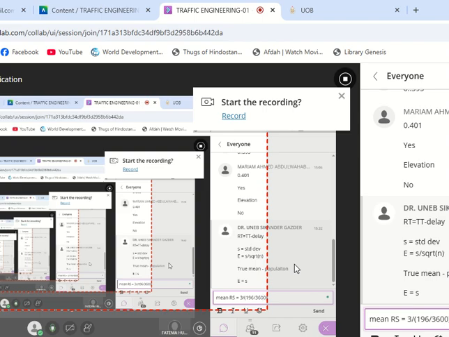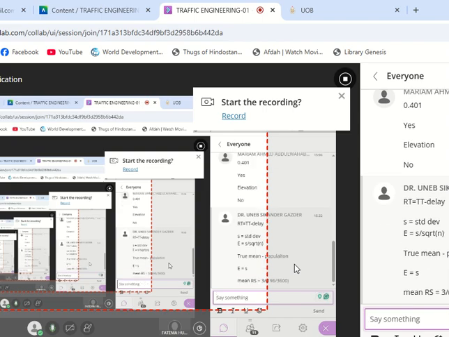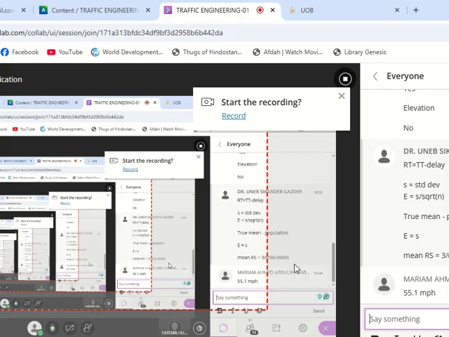So this will give me mean running speed: distance upon mean running time, with the time converted to hours. How much is this? Okay, so this is your mean running speed.